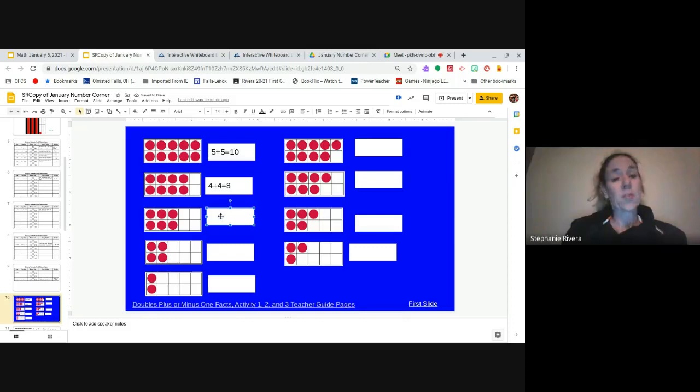What's on the top and what's on the bottom? Thumbs up. 3 plus 3 equals, you got it, 6. And we talked about how all of these doubles, when we double them, we always get, you're right, even numbers.